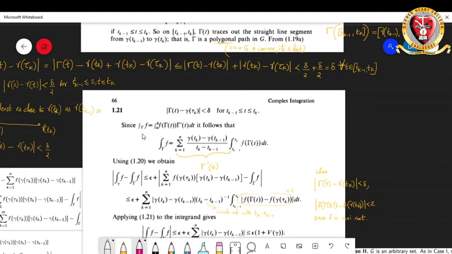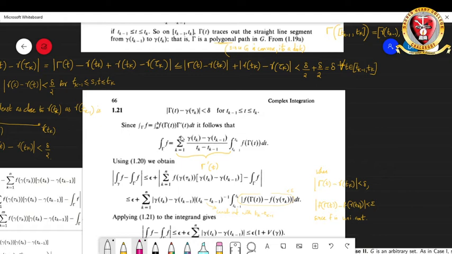Now, since the integral over capital gamma of f is equal to the integral from a to b of f of capital gamma of t times gamma dash of t dt, which we said in the earlier theorems, it follows that instead of this gamma dash of t, you can substitute the value by finding the derivative of this gamma dash of t.